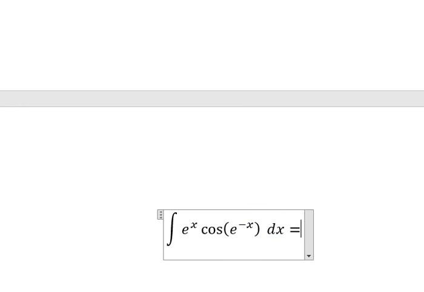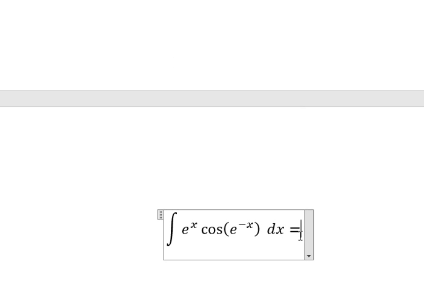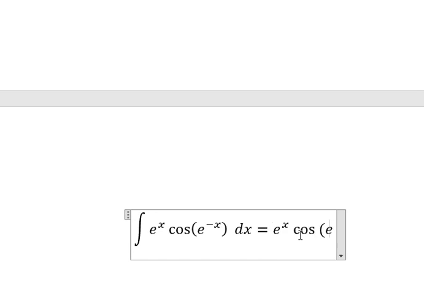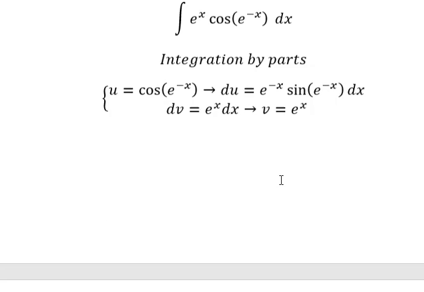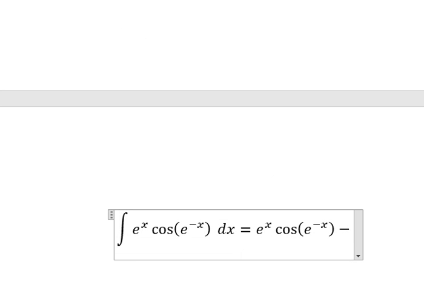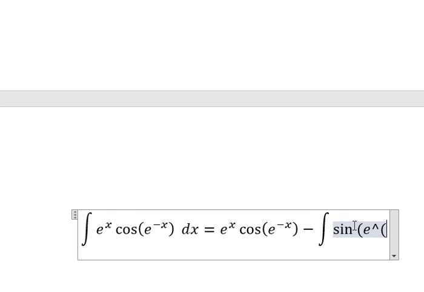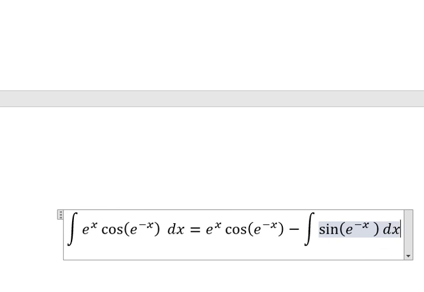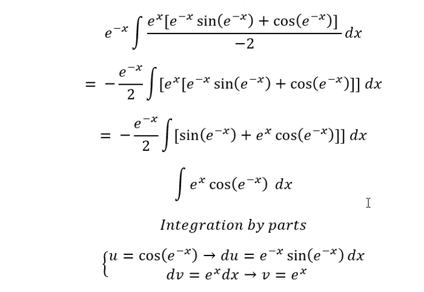Now we have u multiplied by v minus this one multiplied by this one, so we have just the integration of sine of e to the power of negative s ds. Now we go back in here.